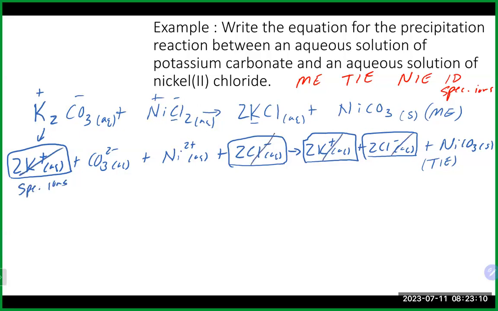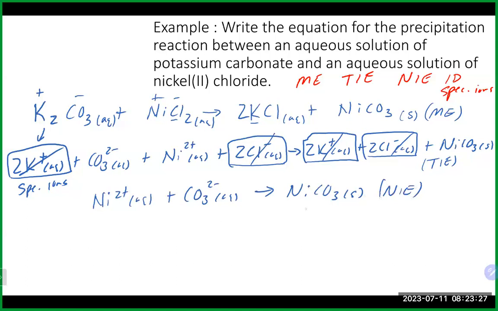And it leaves us our net ionic equation, where what is really happening is the nickel is going to find the carbonate and form that solid nickel 2 carbonate, which is our net ionic equation in this example.